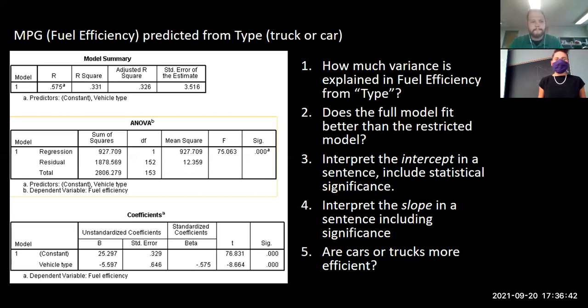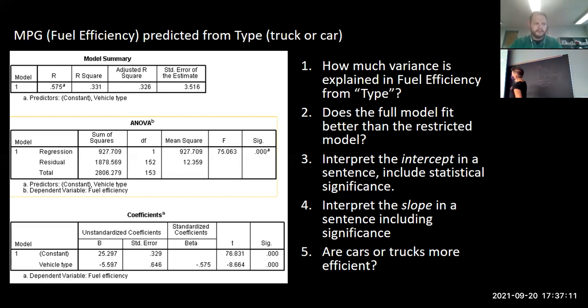Yes. How did you know it was cars? Because cars are coded as 0, and so the value for trucks will be the constant plus the slope. Yeah, so the constant is the expected miles per gallon when vehicle type is 0.